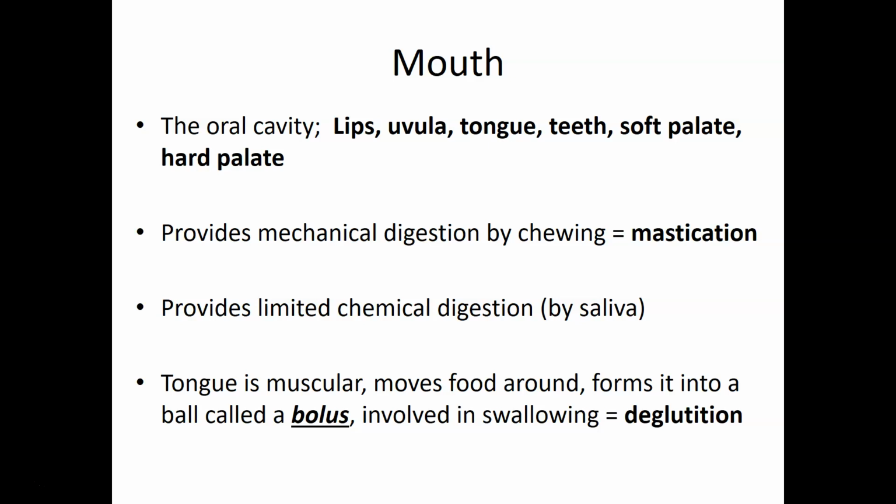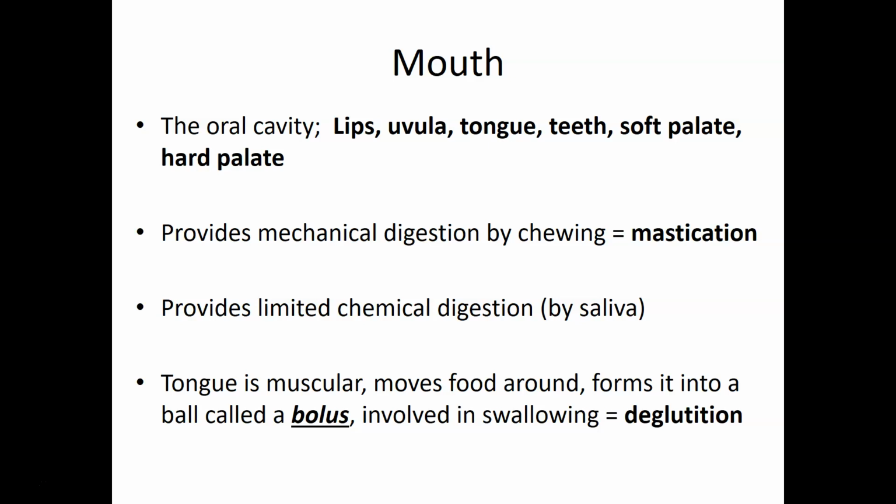The tongue, the salivary glands, and the teeth are considered accessory organs or structures involved in digestion. The main role of the tongue, being a muscular organ, is to move food around as you're chewing it, and it's going to help with mixing the food with the saliva, and it starts becoming homogenized through those processes, chewing and mixing with saliva.